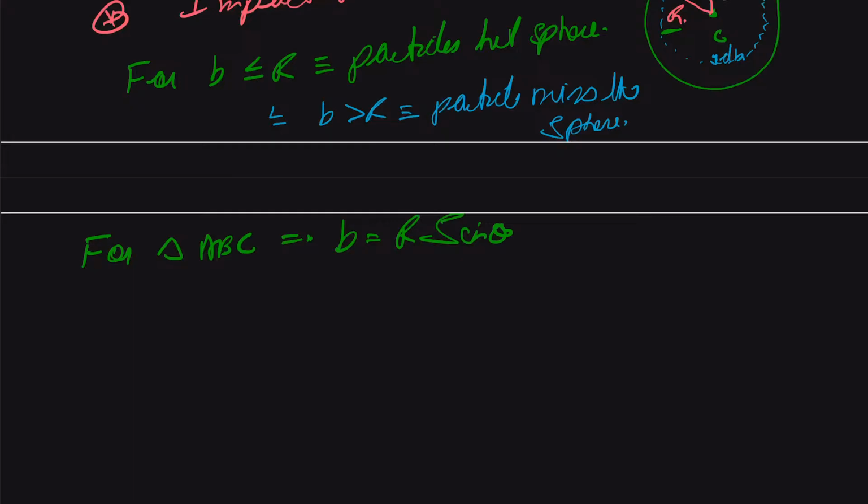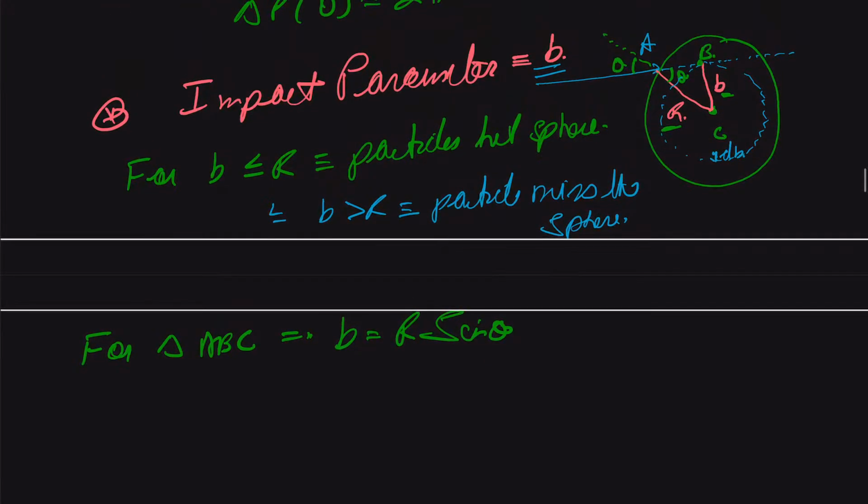So let us consider a ring of radius b and thickness db.